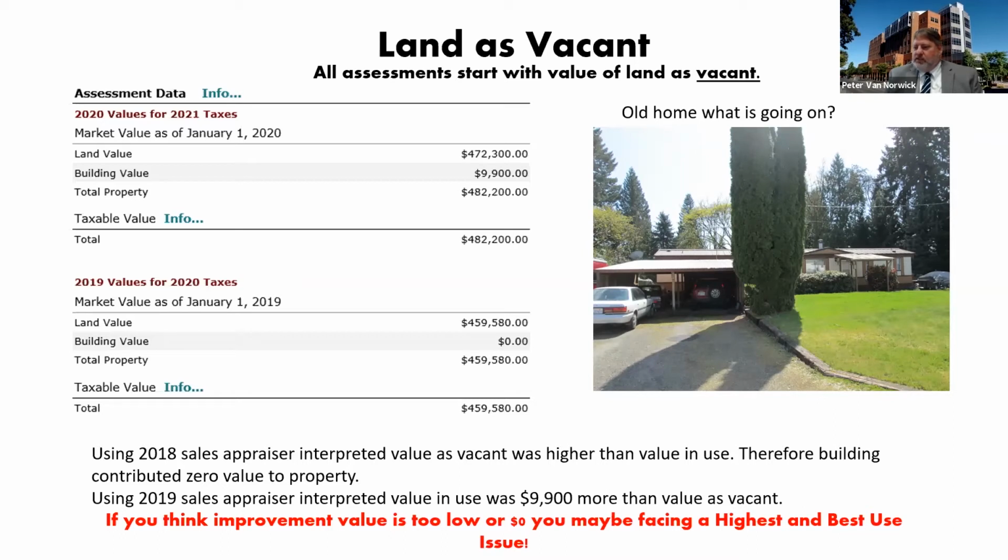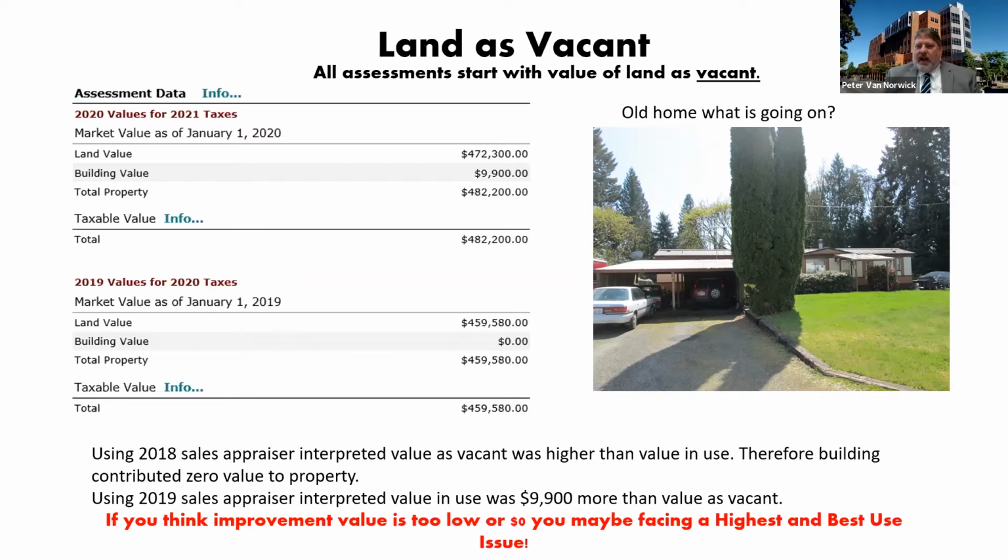The issue is, and John can also address this at some point later when you talk to him, that when appraisers see a 0 value on the structure, or the structure value is really low, you can be facing a highest and best use issue.